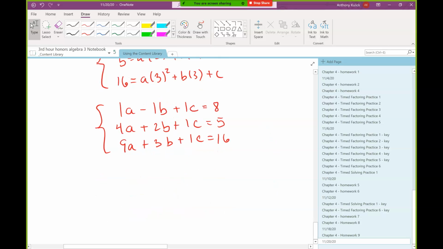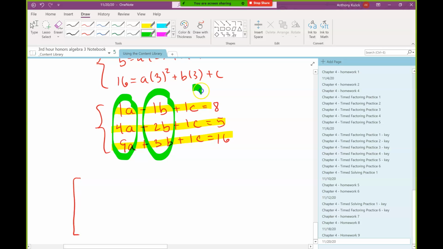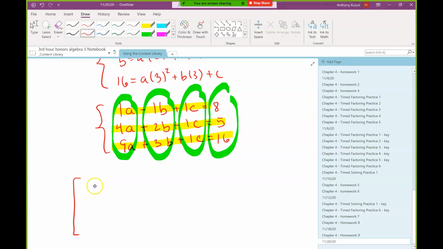So just as a reminder, what we did is we started by translating this system into a matrix. So the dimension of this matrix is going to be 3 rows because I have 1, 2, 3 equations. And the matrix is going to have 4 columns, 1 column for the A's, 1 for the B's, 1 for the C's, and 1 for the answers at the end.